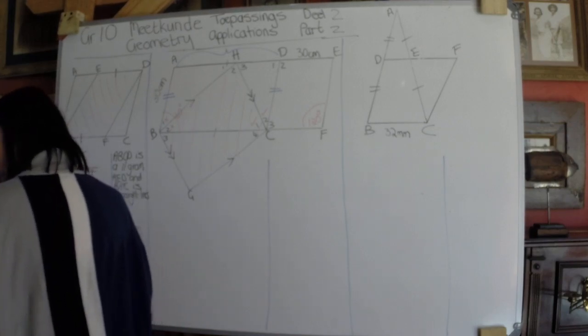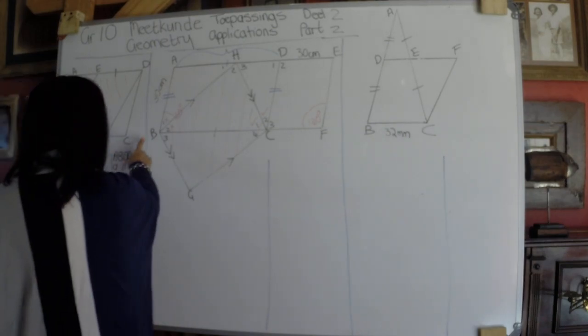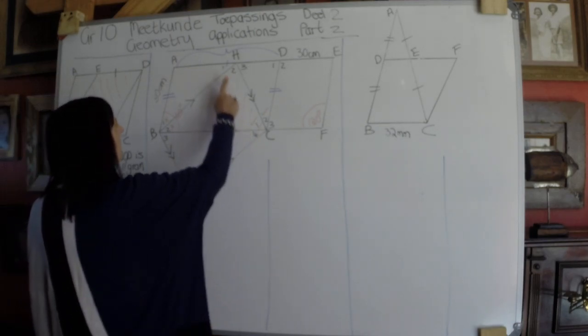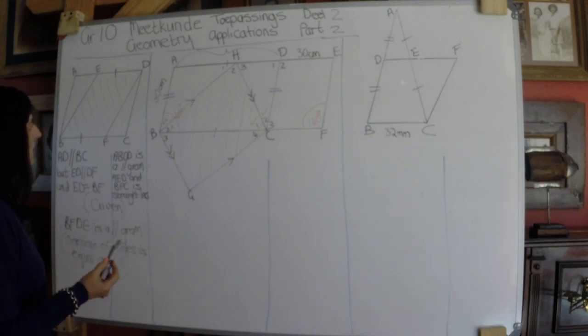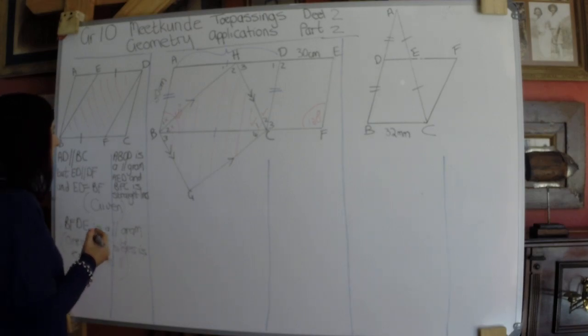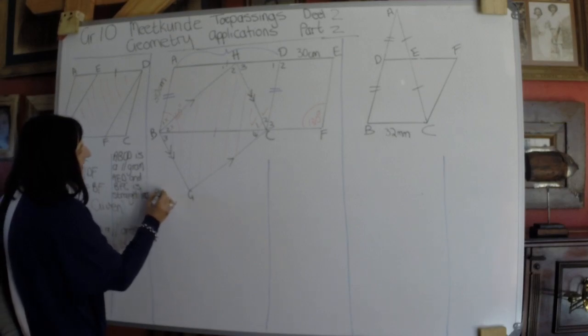So let's start with BGCH. We start with what's being given. BGCH. I ask that to be a rectangle, you must prove it. Maar wat weet ons van BGCH?